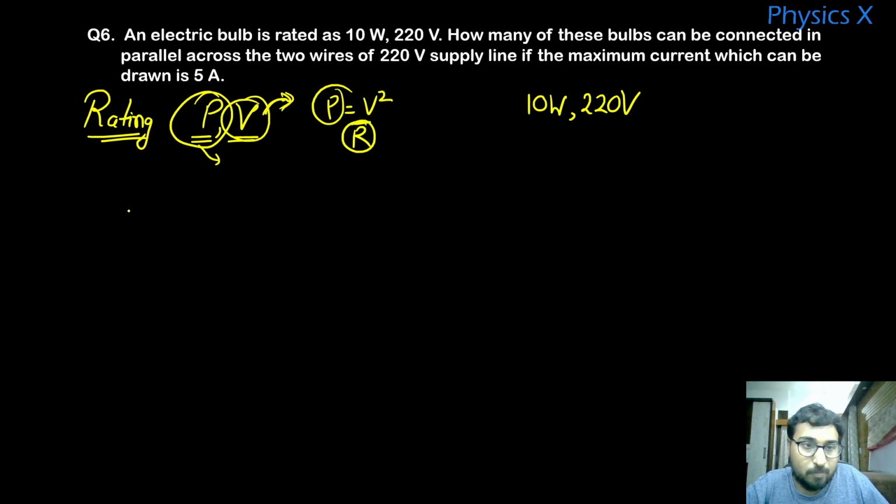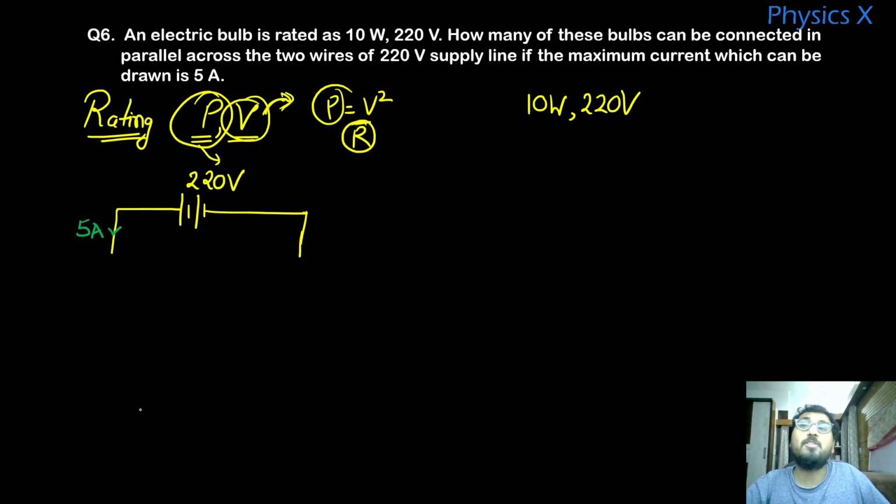Suppose a 220 volt supply line is here, and across this 220 volt, he's first of all mentioning that the maximum current which can be drawn, like 5 ampere, is the current which can be extracted from this supply line, that is from the source.